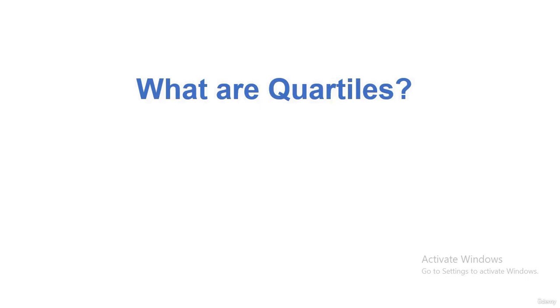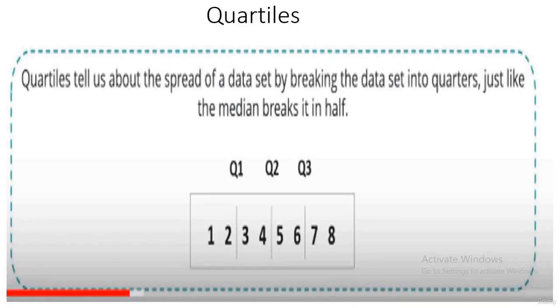Okay, now what are quartiles? Quartiles tell us about the spread of a data set by breaking the data set into quartiles. Just like in the case of median, we break it into two halves, but in the case of quartiles, here the first quartile, Q1, is here, and Q2 is this one.